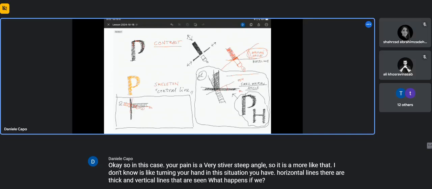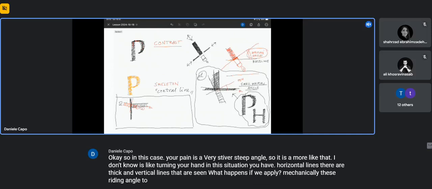What happens if we apply mechanically this writing angle to H? In this case, our H will look like this.